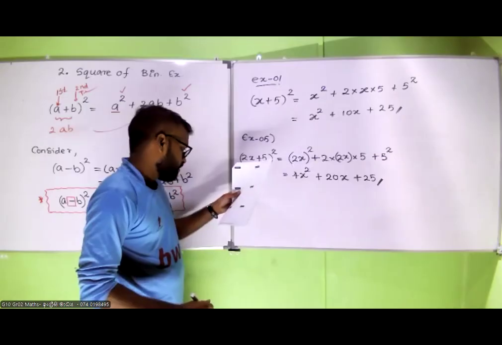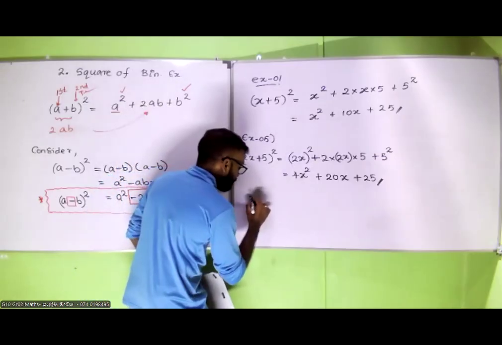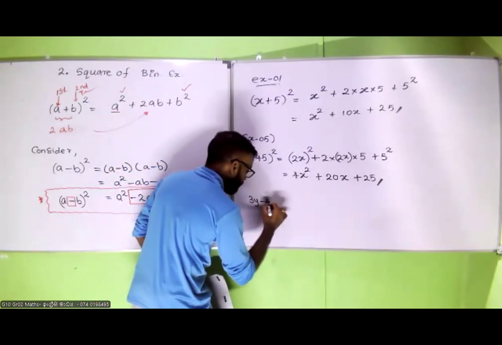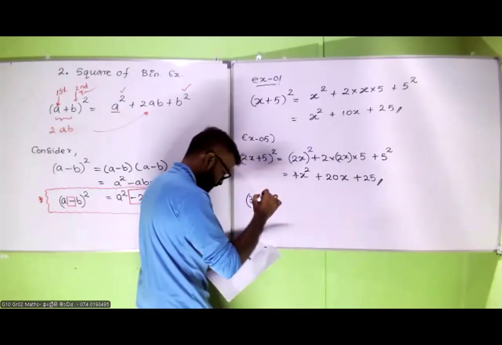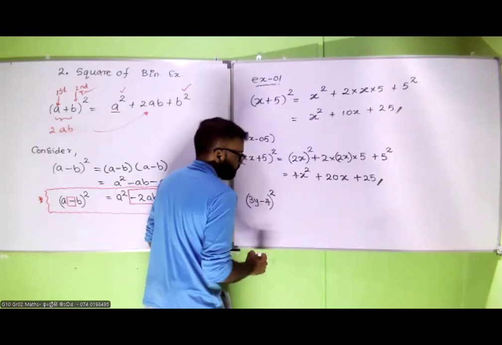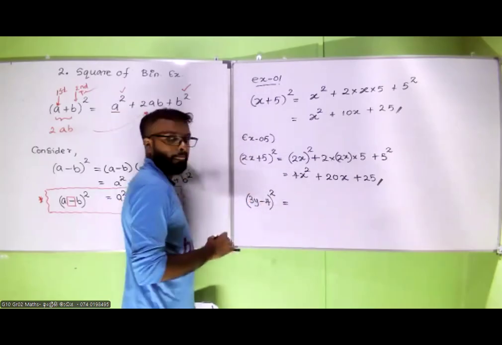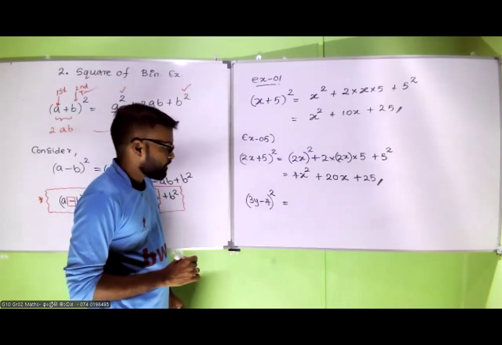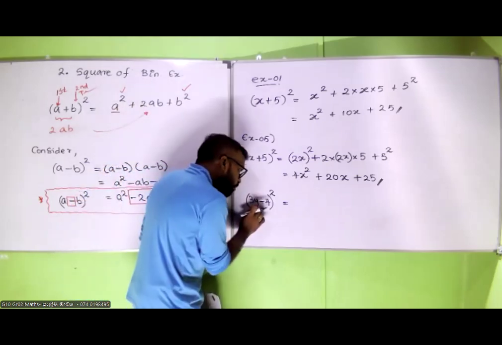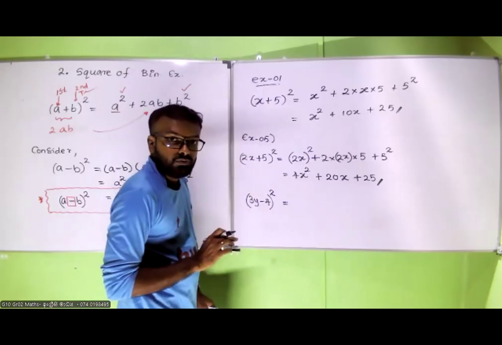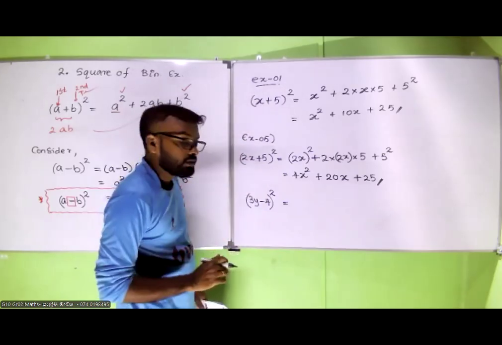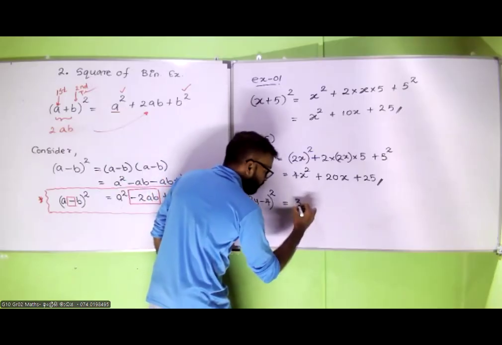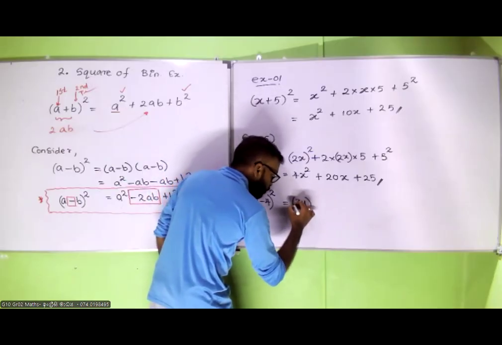Done. Example 6: 3y minus 4 to the power 2 equals. Only you have minus sign. So first of all, let's write the rest of the terms. 3 times y, this is the first term to the power 2.